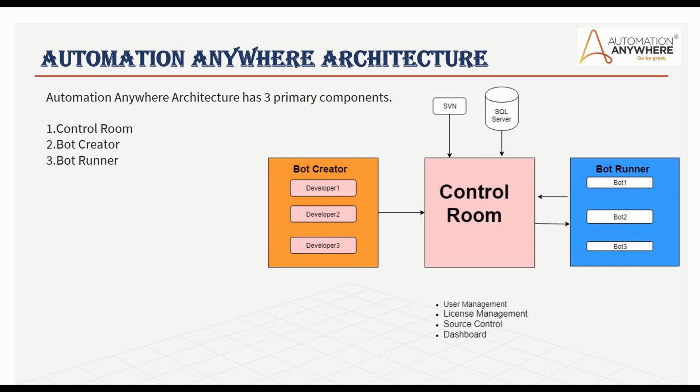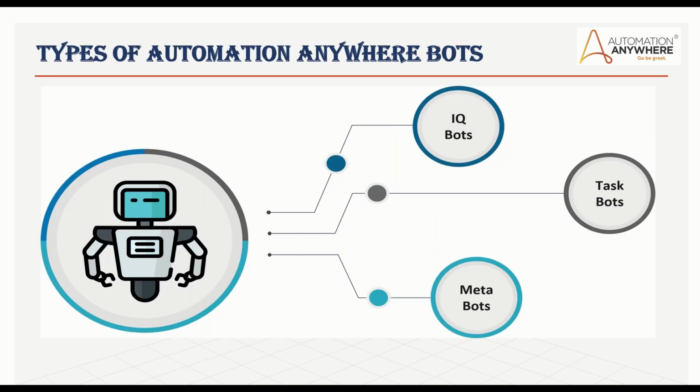So next, moving to the next question: what are the types of Automation Anywhere bot? There are three types of Automation Anywhere bot. One is task bot, second is IQ bot, and the third one is metabot. Let me discuss one by one. Let's start with task bot.